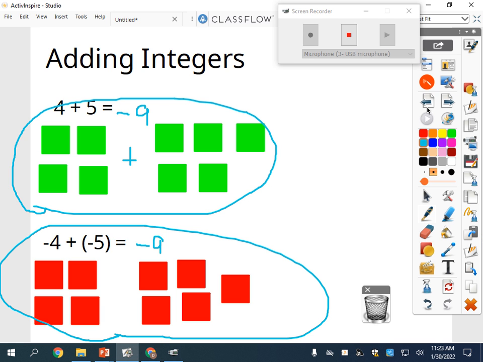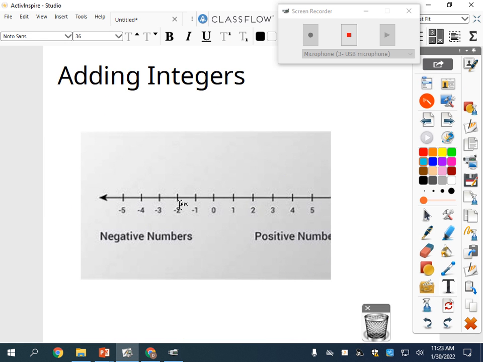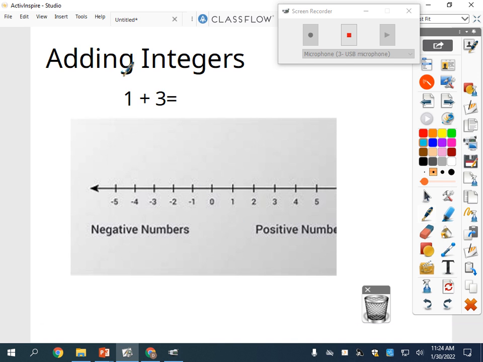All right, so now let's take a look at a problem that we might use on a number line, just to show you another example. So if I had 1 plus 3, I always start at 0, and my first number is 1. So starting at 0, I go up to positive 1. Then I'm adding to it a positive 3 more.